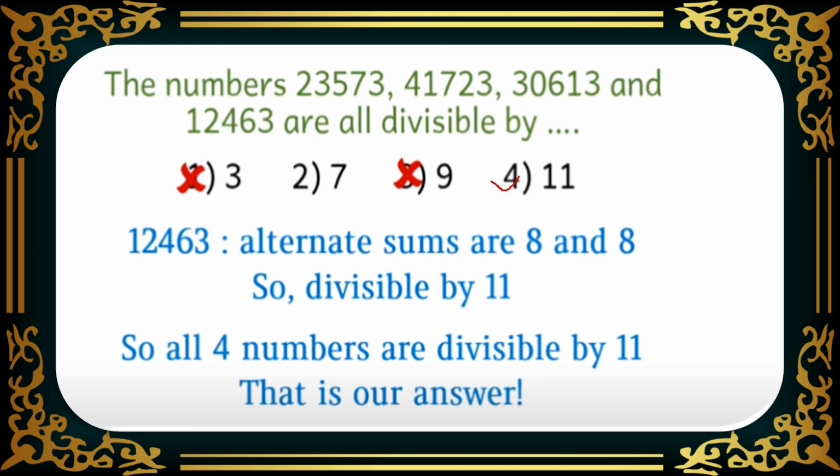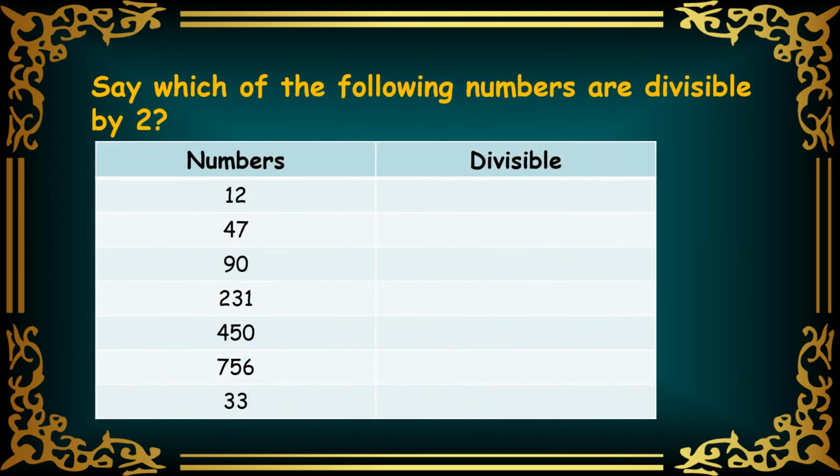So you tick out the correct option. Now say which of the following numbers are divisible by 2. First, checking this, you need to know the test of divisibility. The first number, that is 12, whether it is divisible? Yes, it is divisible.